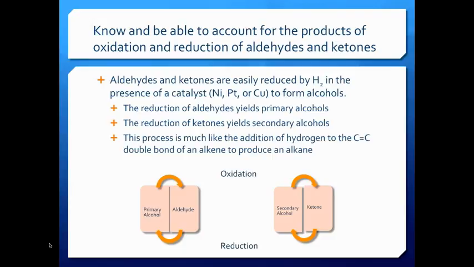The reduction of ketones yields secondary alcohols. You can see in the picture there that equilibrium situation. This process is much like the addition of hydrogen to the carbon-carbon double bond of an alkene to produce an alkane.